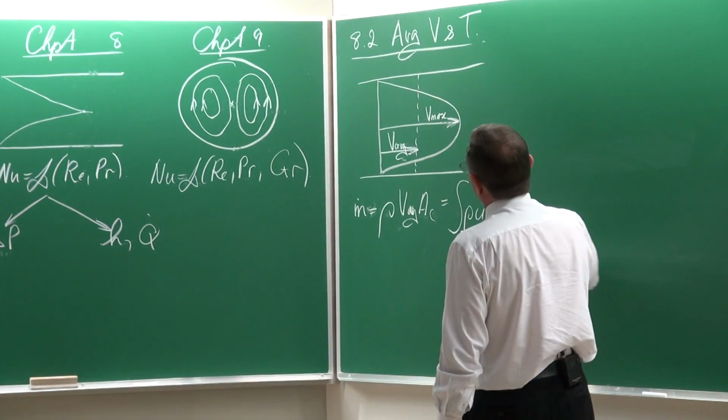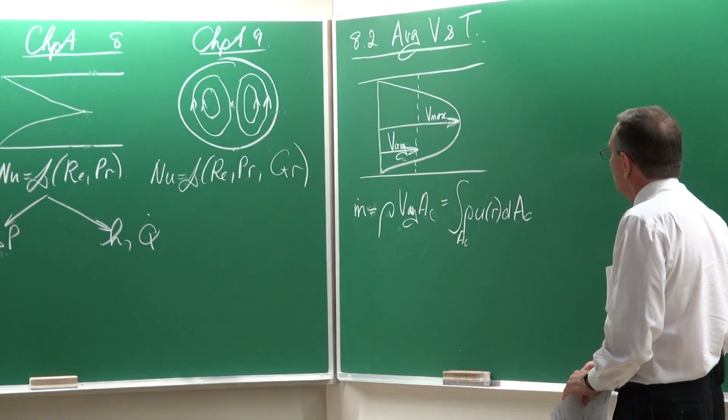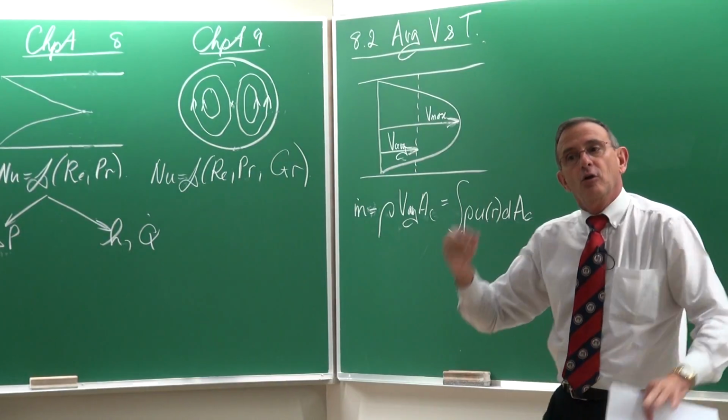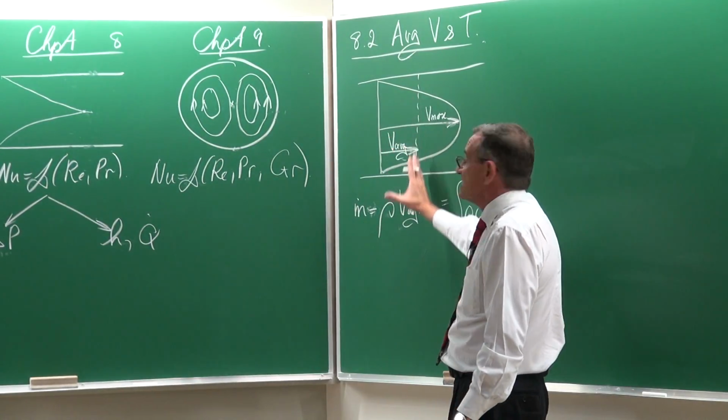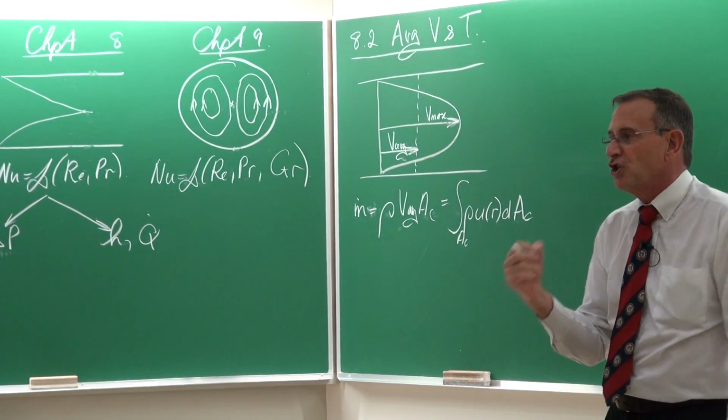Although we can do that based on the mass flow, what we are normally going to do with internal convection is work with the average velocity. Although we will always know that there's a velocity distribution, we will work with the average velocity.